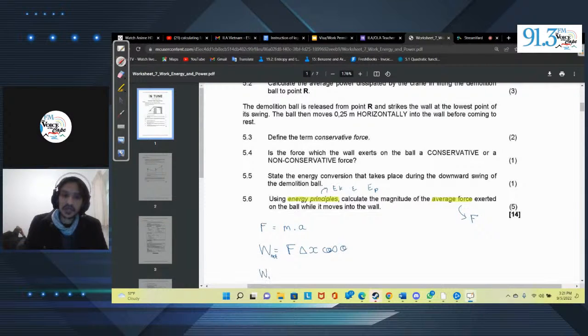However, we also know that net work is equal to EK plus EP.